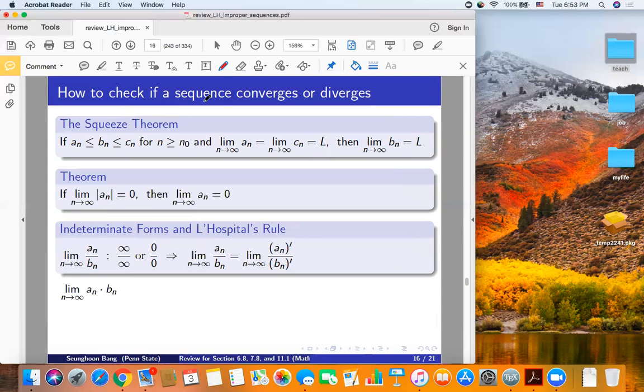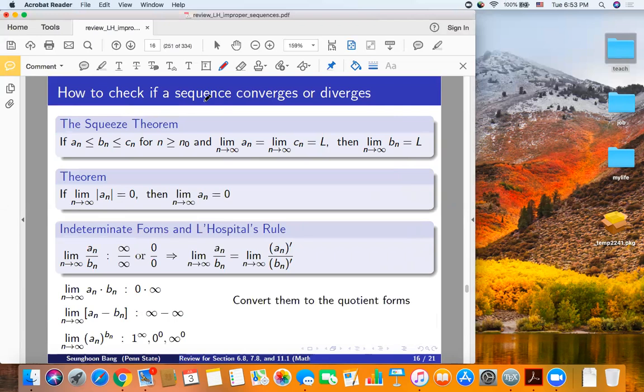The limit of a_n times b_n is the 0 times infinity form. The limit of a_n minus b_n as n approaches infinity is the infinity minus infinity form. The limit of a_n to the power b_n gives forms like 1 to infinity, 0 to 0, infinity to 0.